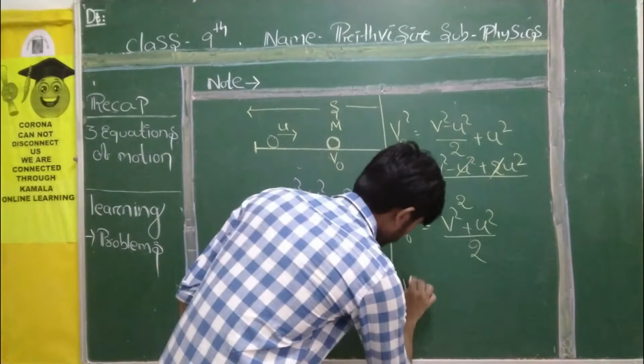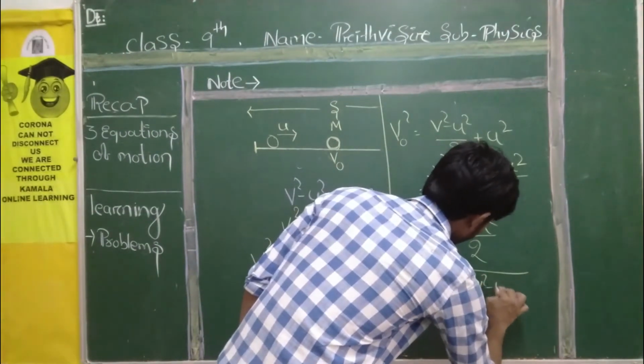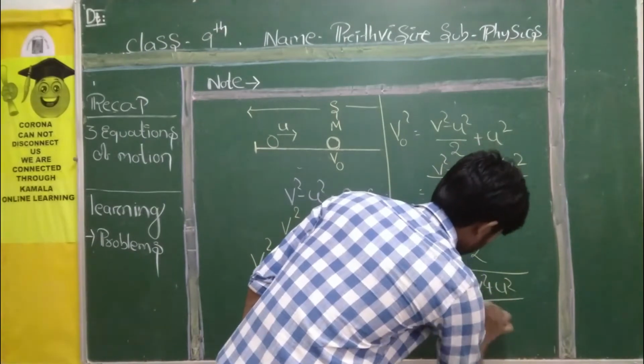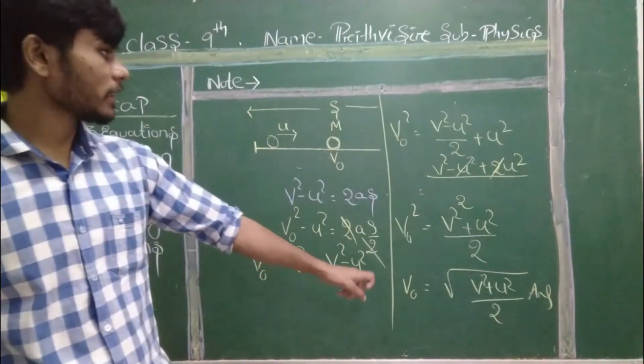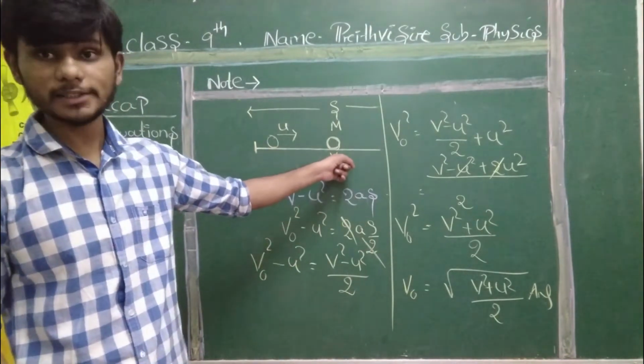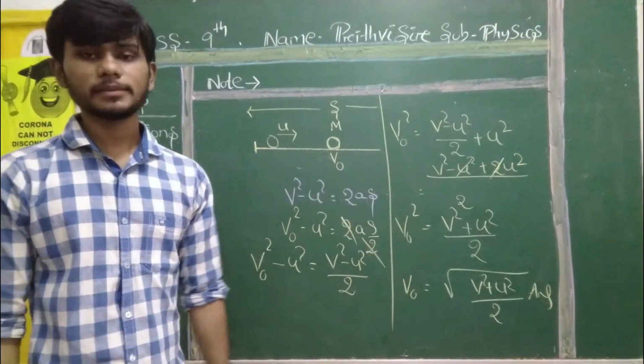Now v0 is equal to root over this. This should be our answer, because this is v0, which is what is being asked. The speed is equal to root over v square plus u square by 2. That is your answer.